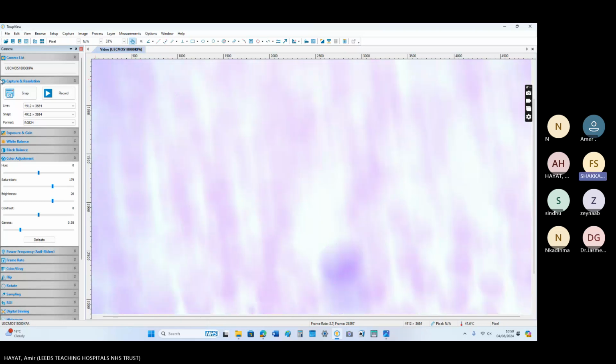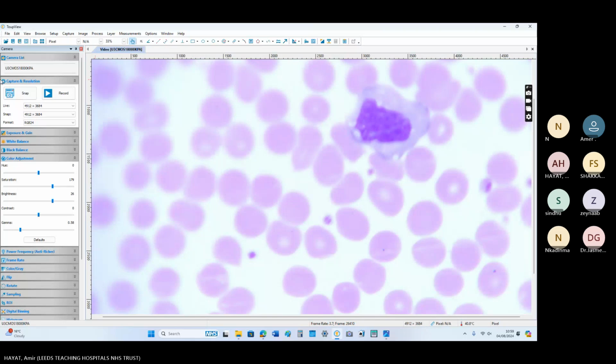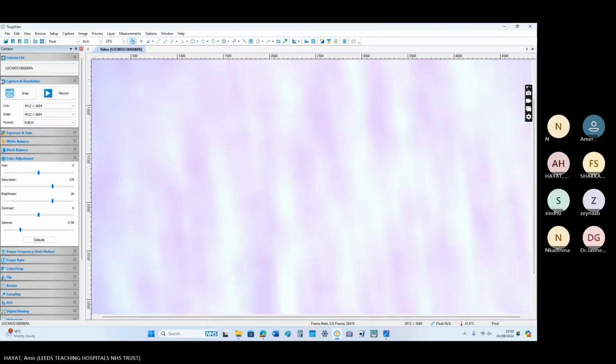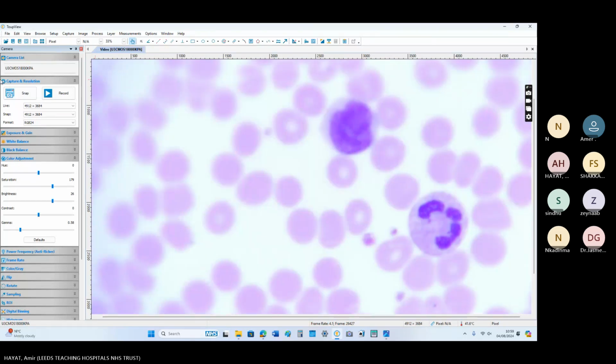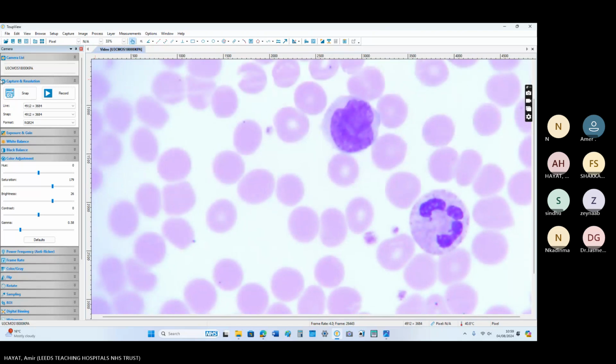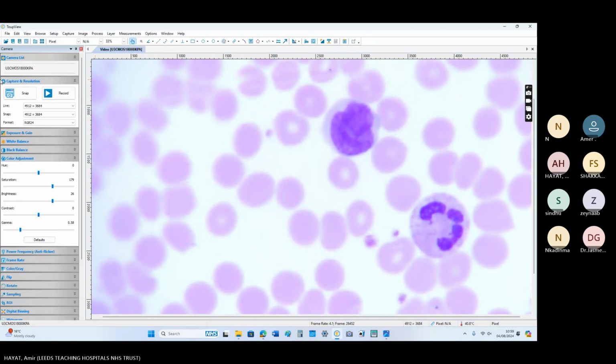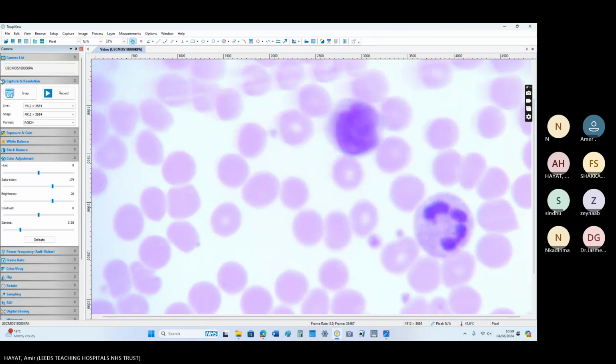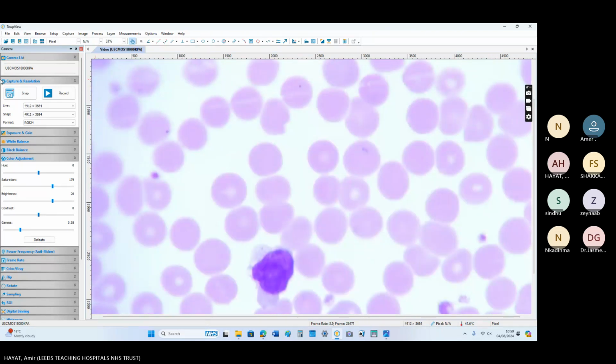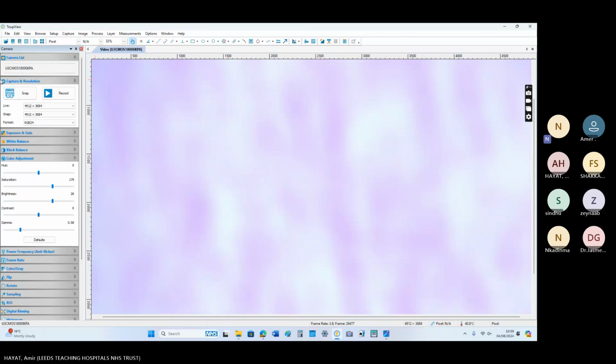Okay. There's also nucleolus in this one. I might be wrong, but they seem mature to me.